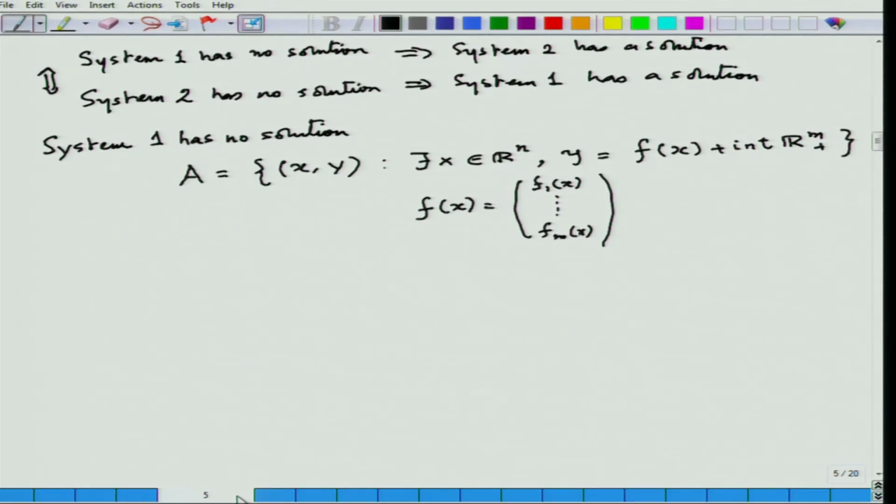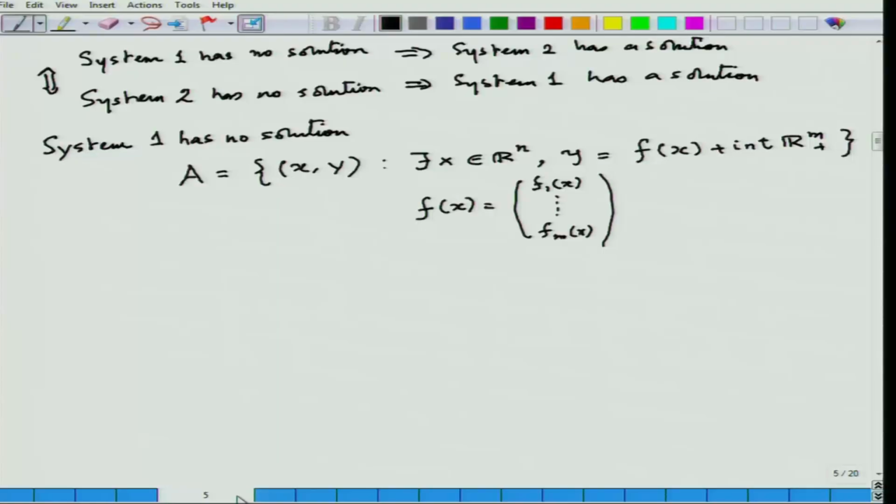So, how is my y constructed? I am taking an x in Rn, computing this f of x, that is, making this vector, and then adding to it a vector whose all components are positive. In effect, A can be written as f of Rn plus int of Rm plus.